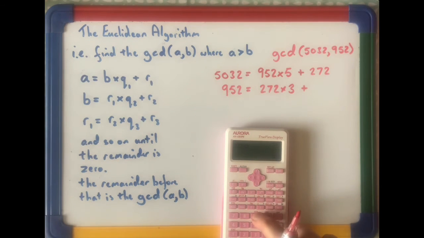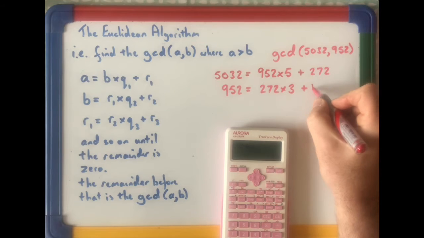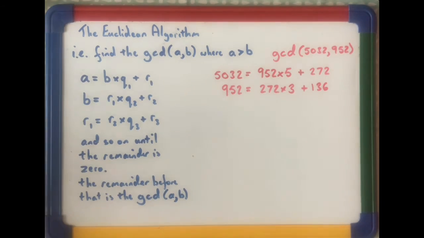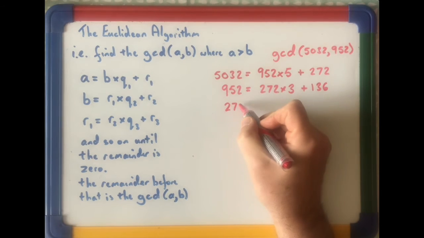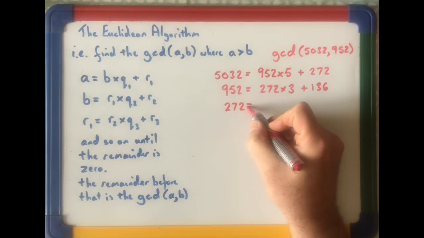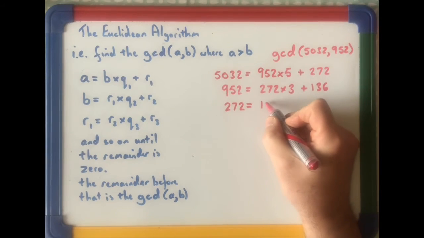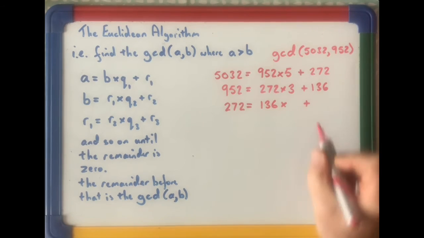So if I do 952 take away 816, which was the answer from last time, it gives me 136 as a remainder. Okay, so now next time, 272 equals the remainder, which is 136, times something plus something.